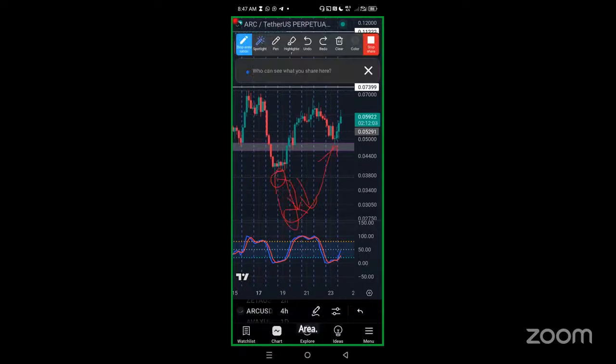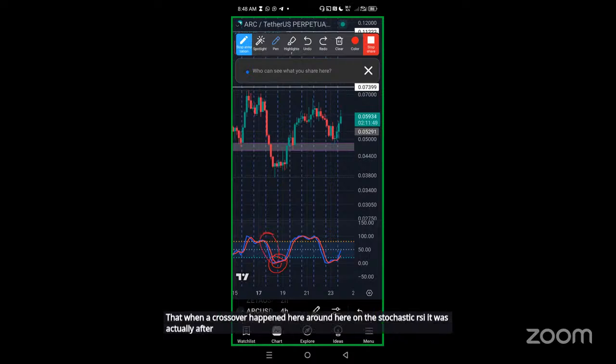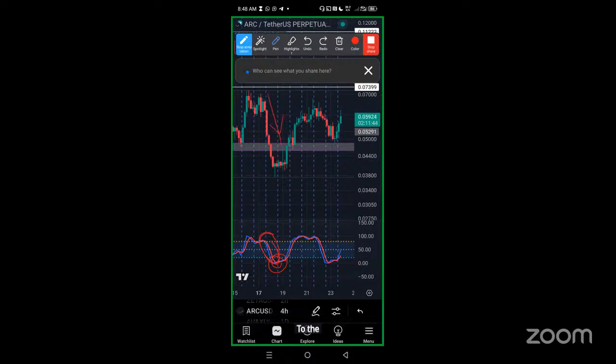If you can see critically, when a crossover happened here on the stochastic RSI, it was after a very long movement to the downside.